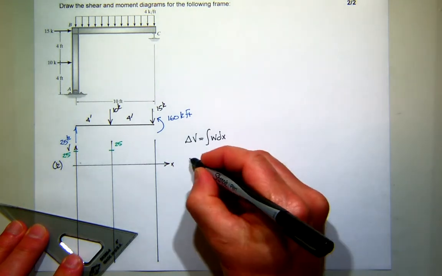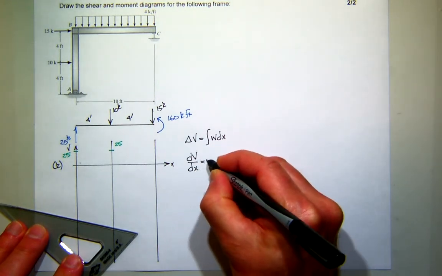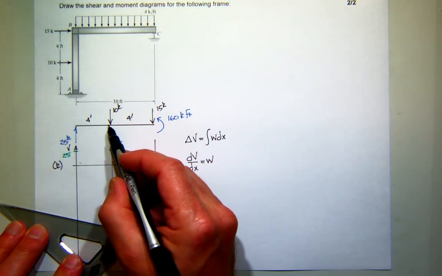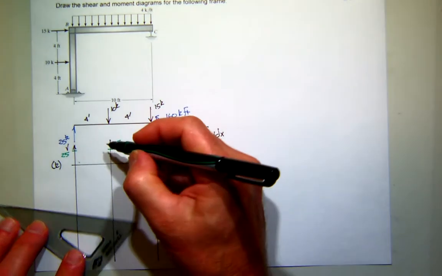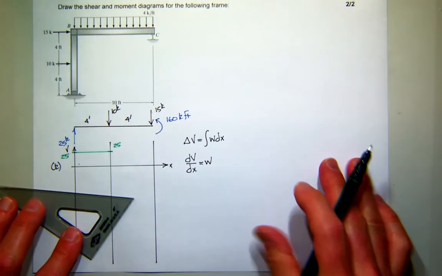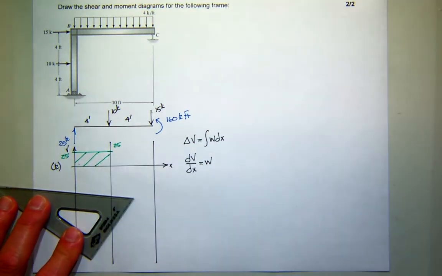Now the slope of the shear diagram is equal to the load. And what's the load everywhere? Come on, you can play along. 0. That means 0 slope. 0 slope produces a horizontal line. So over the first 4 feet, we have a constant shear of 25.